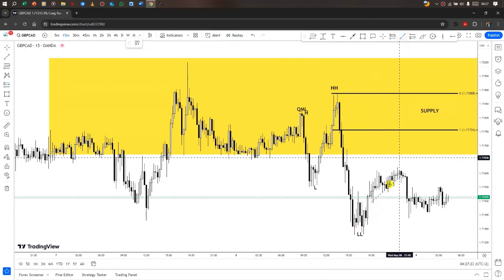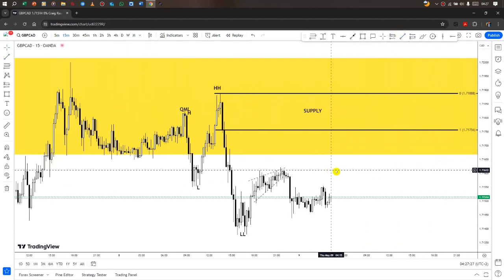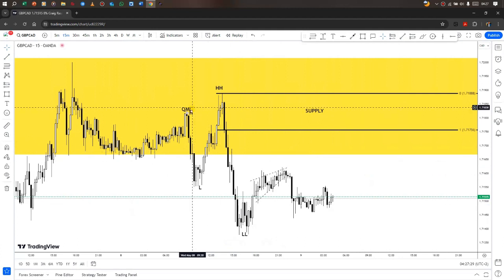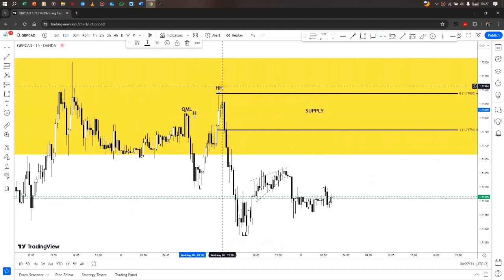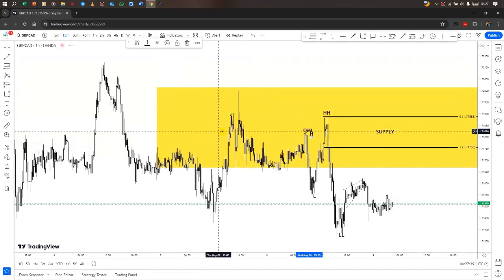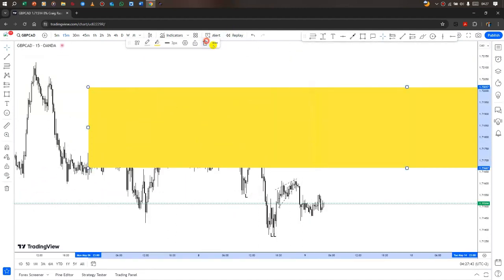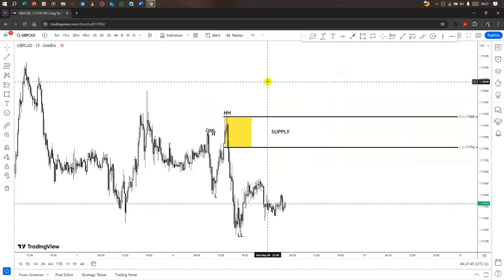It might still form another compression when approaching. As you can see, we do have a compression here, and this is our lower low, our high, higher high, and this is our supply zone in alignment with our QML. We do have another QML here. So that's our supply zone on GBPCAD. As you can see, it looks so beautiful for a supply zone.